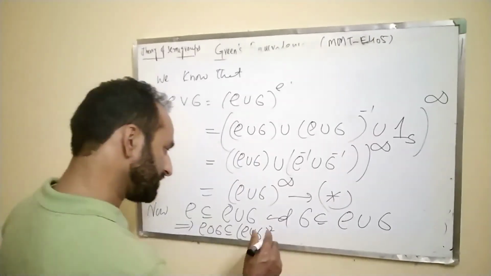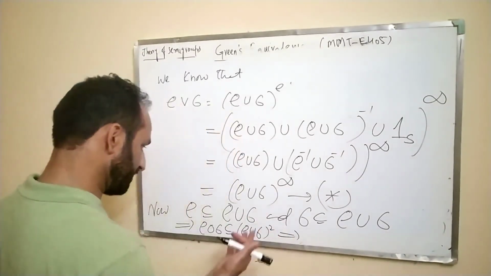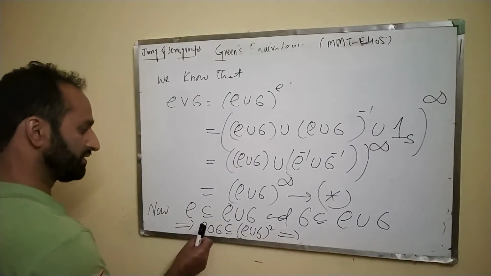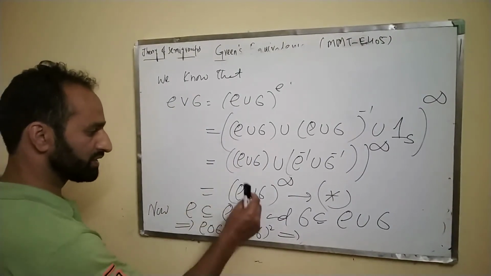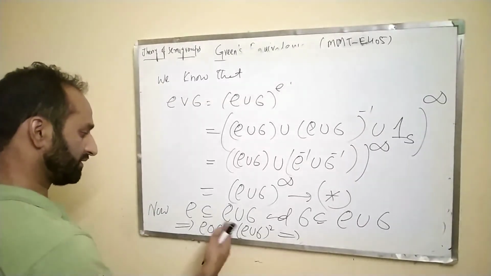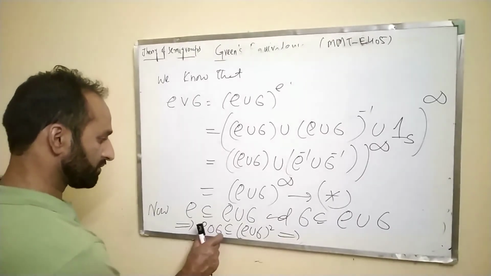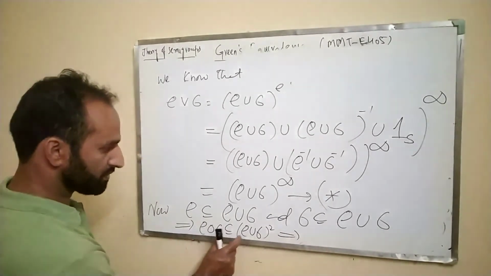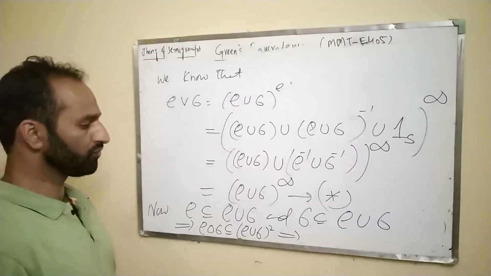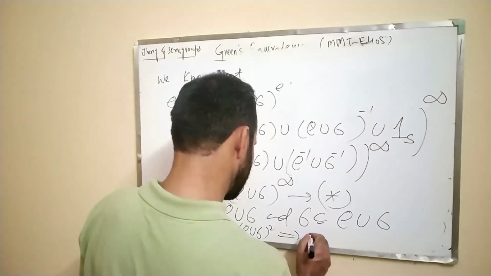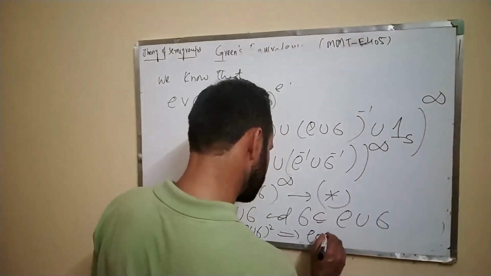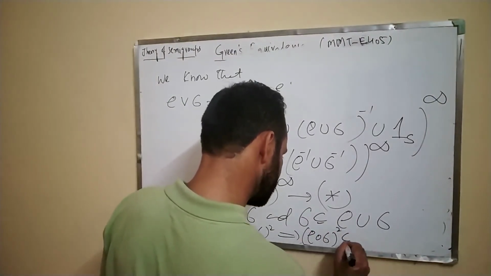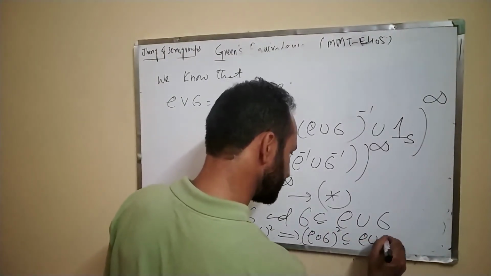So in general we can see that if you apply this repeatedly, rho composition sigma is a subset of rho union sigma whole square, and if I apply rho composition sigma on both sides, you will see that rho composition sigma whole square is a subset of rho union sigma power 4.